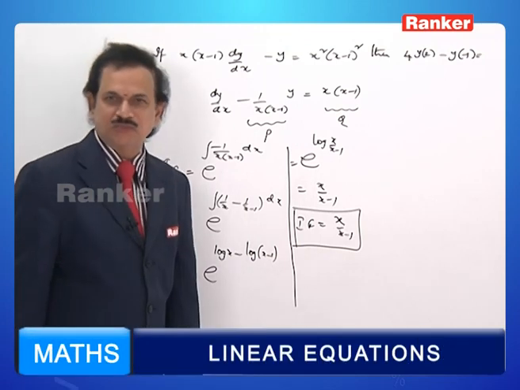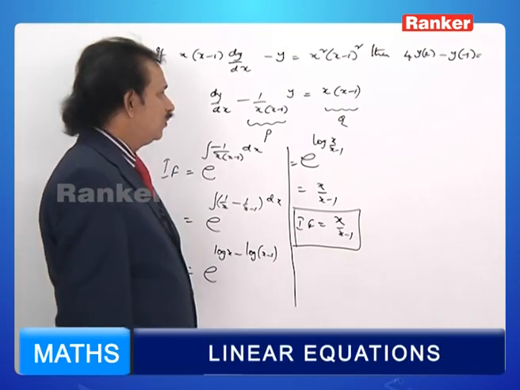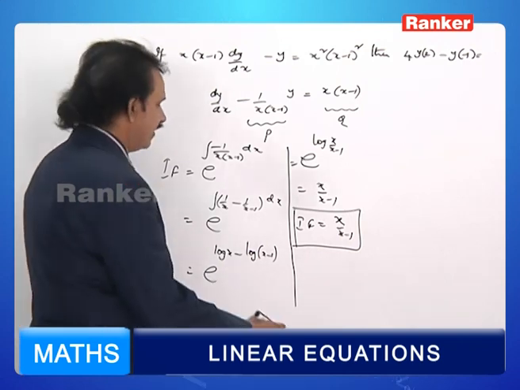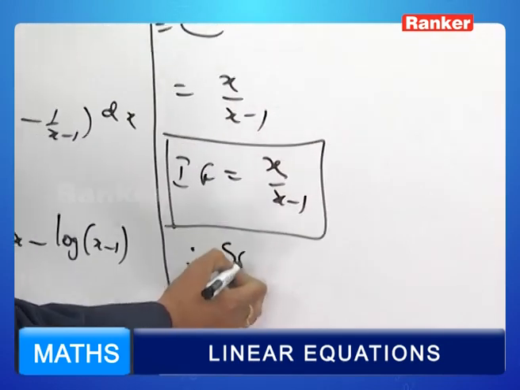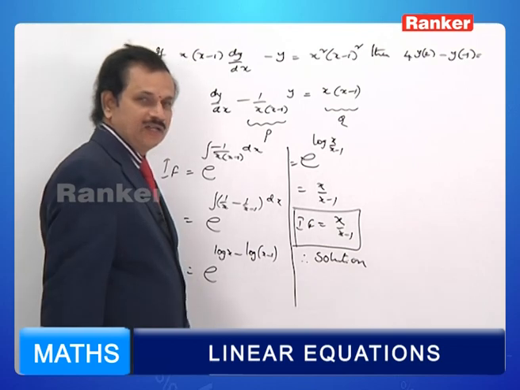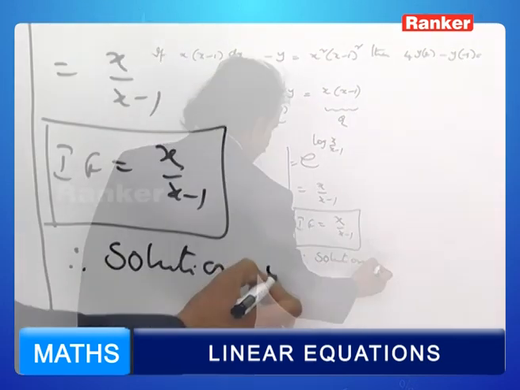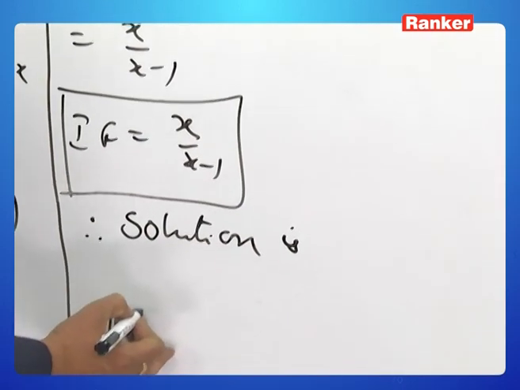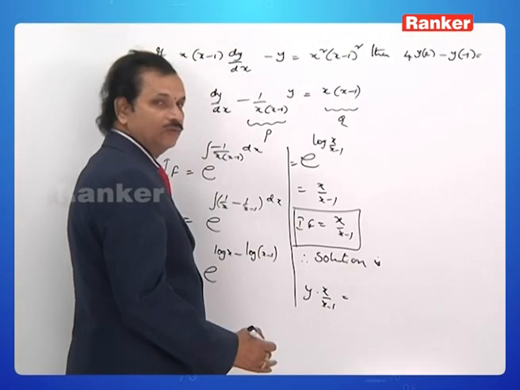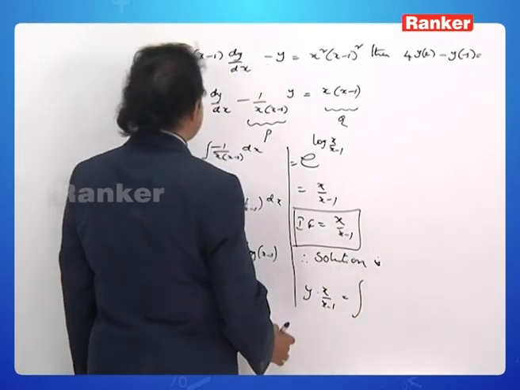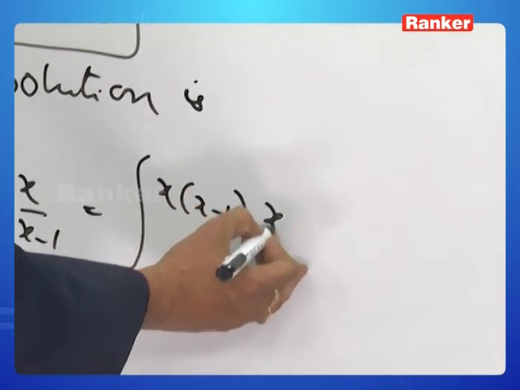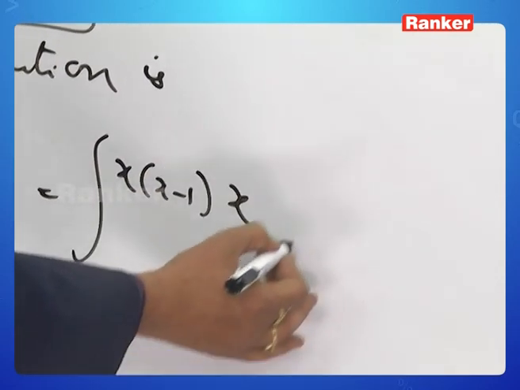The first step has been completed successfully. What is the next step? The last step, of course, obtaining the solution. Please recollect the formula for the solution. Solution is y into integrating factor, that is y into x/(x−1), equal to the integral of Q into IF, that is x(x−1) into x/(x−1) dx.